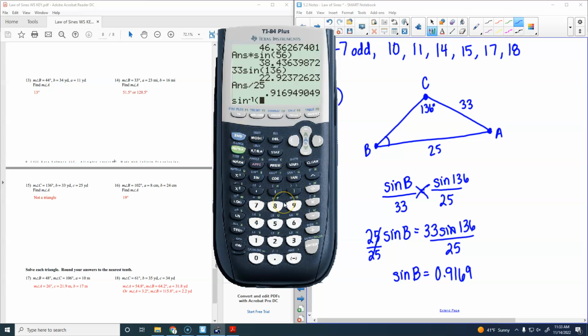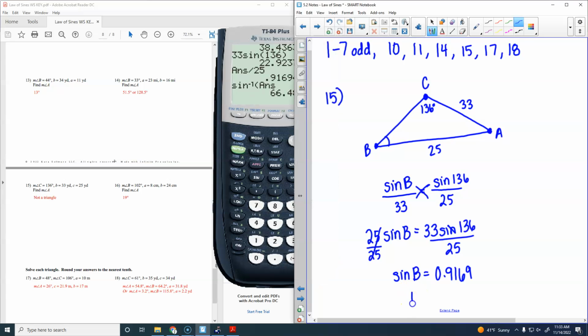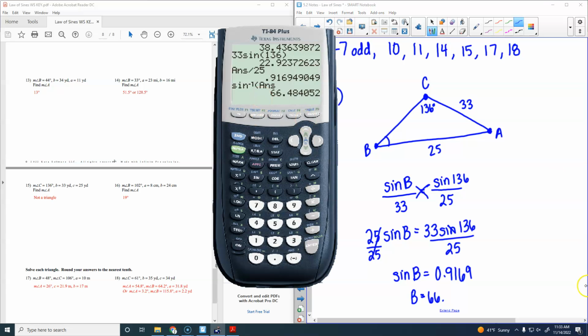We're going to get an answer. Okay. We're going to do the inverse sine of that answer. Okay, so B, you're in radian mode, I bet, if you're getting negatives. 66.484.